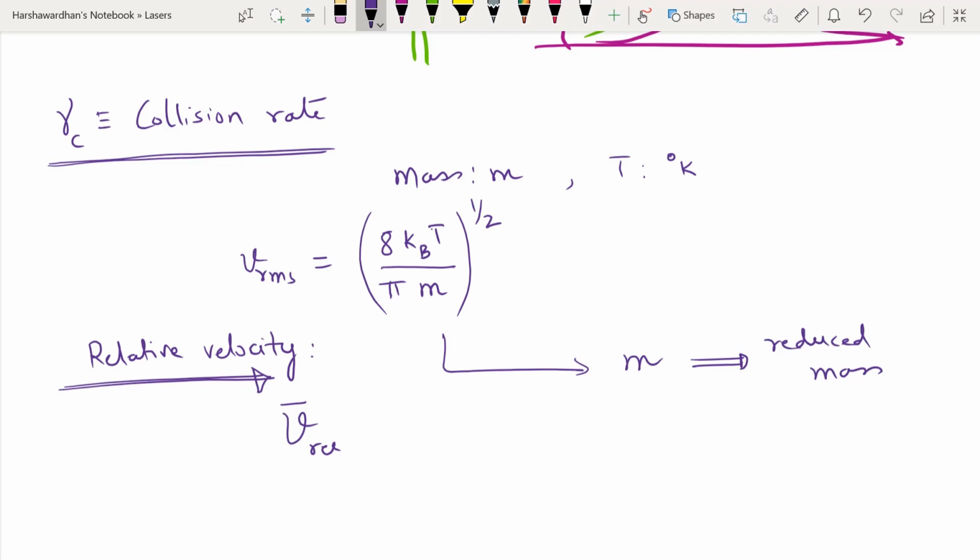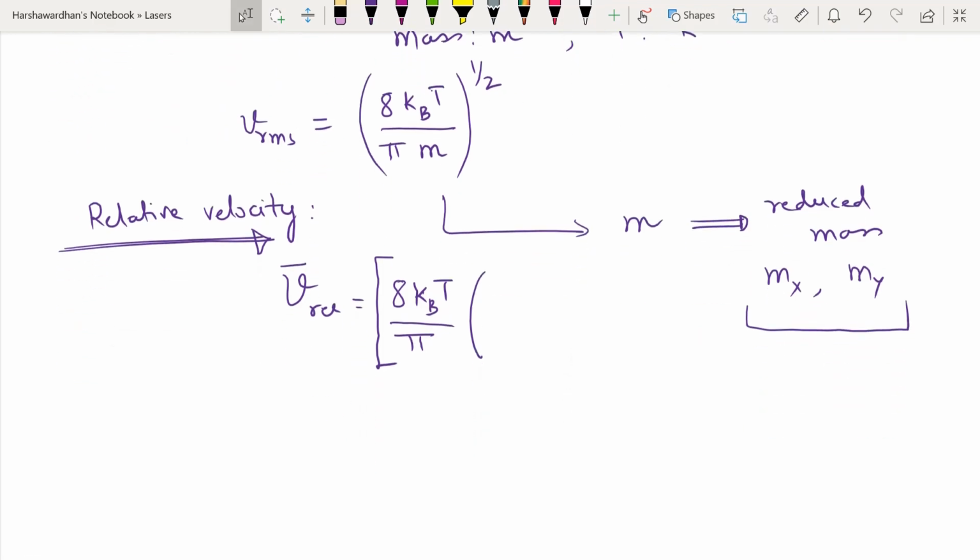So if mx is the mass of one atom and my is the mass of the second atom, then we replace this m by the reduced mass of this system. You will get 8 kBT, where T is the temperature at which the gas is, by pi, and now I write it in terms of the reduced mass.